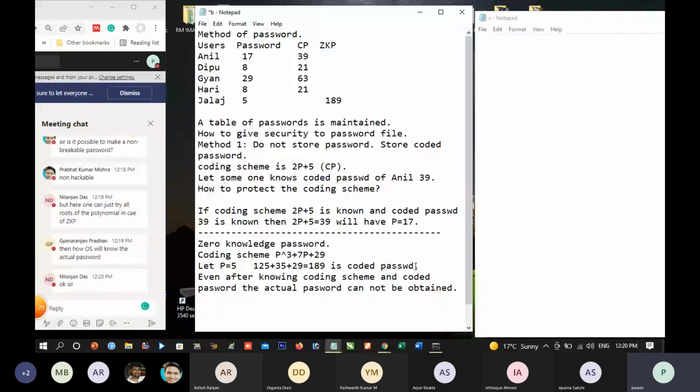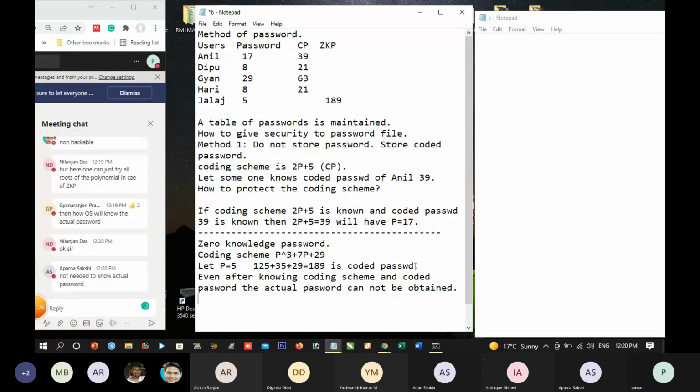Then the question is this: how will the OS know the actual password? Because we have made a coding scheme in such a manner which cannot be decoded. Zero knowledge password means the coding scheme cannot be reversed. How will the OS know the actual password? You give me the answer to it.